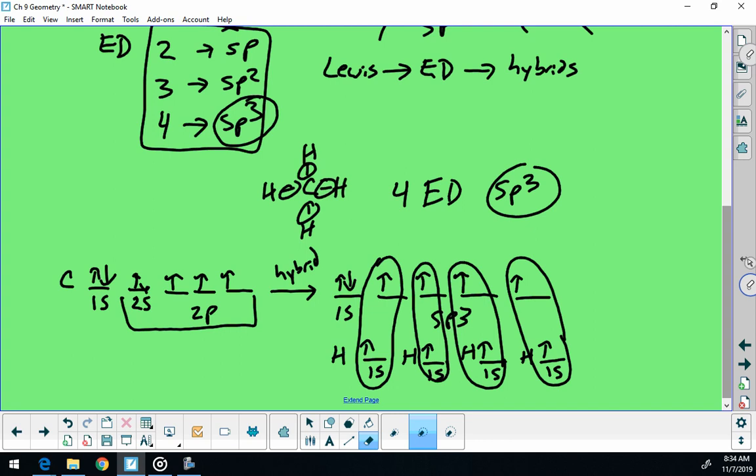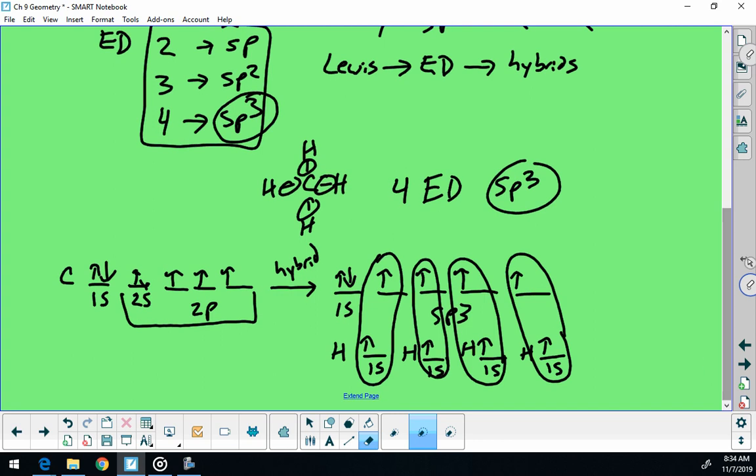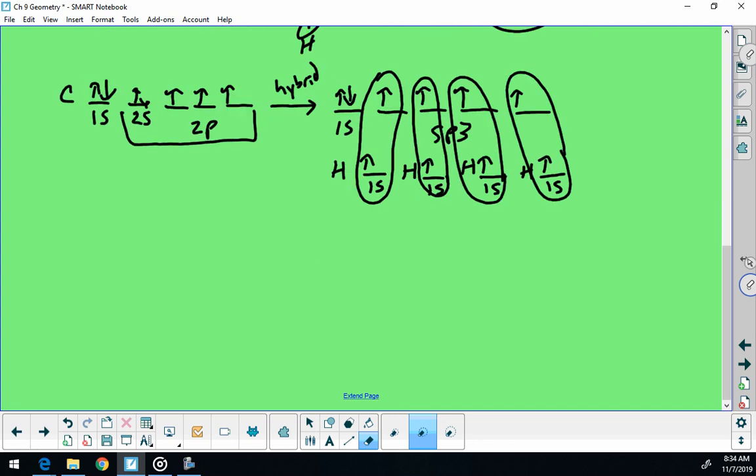Now, the one other thing we can add to this is this idea of sigma bonds versus pi bonds. Sigma bonds have their bonding density on the internuclear axis. That means if I draw a line between my 2 nuclei, my bonding density lies on it.